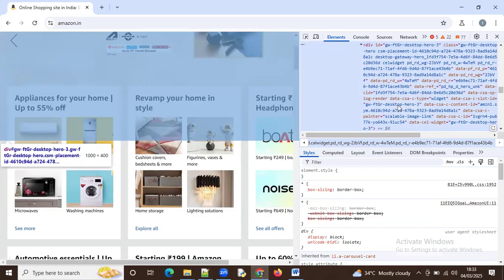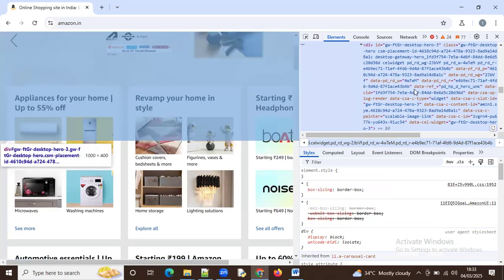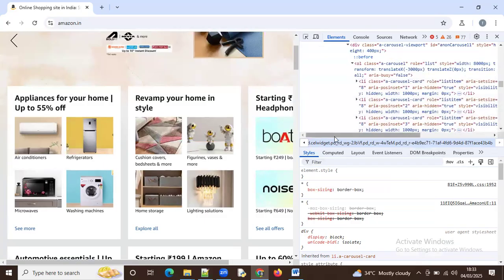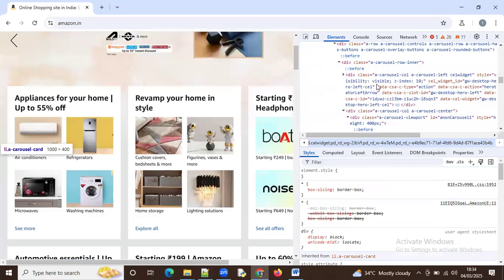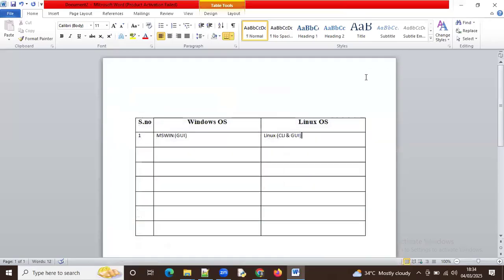If we change the code, then the items here also change. We can save the code, change the code, and release the new code also. I think you can understand what source code is and what open source is. Open source means we can edit the source code and release it according to our requirements.